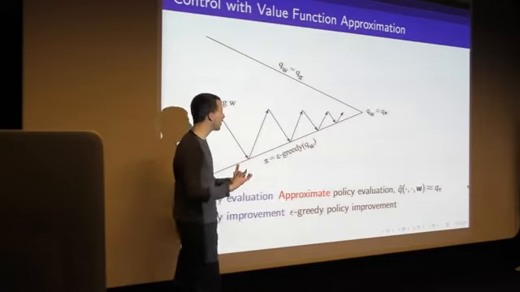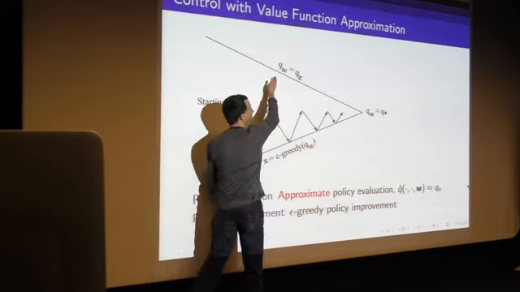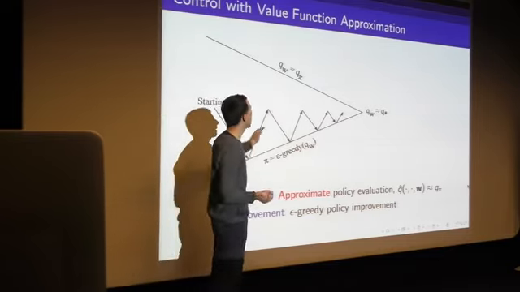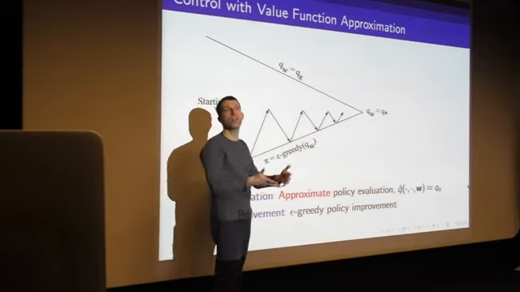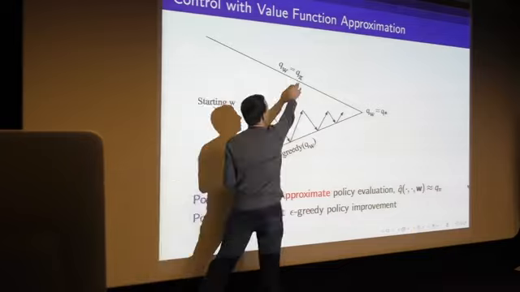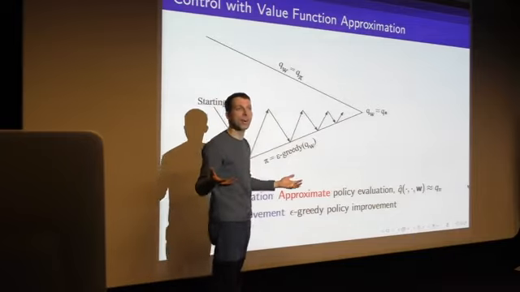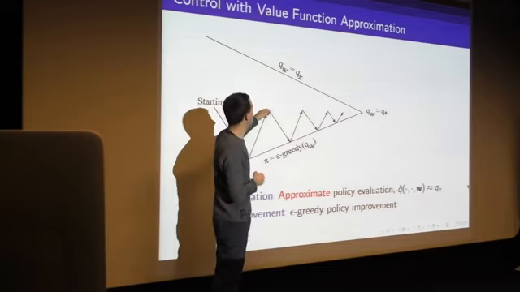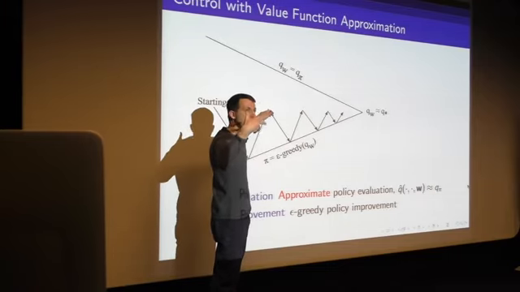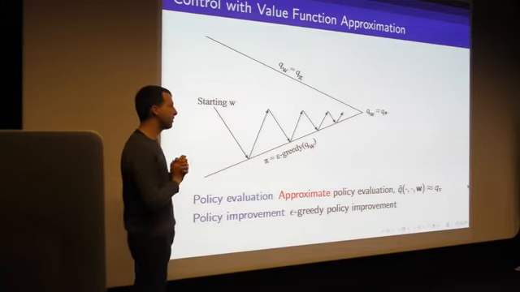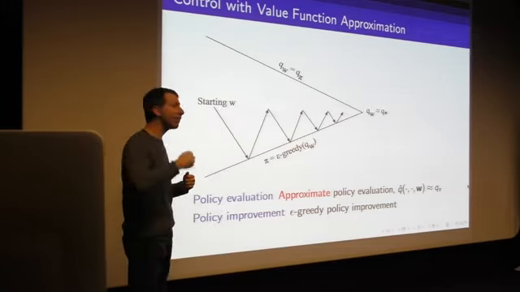And again, just like in the last lecture, we're not going to go all the way to the top here. We're not going to waste millions of samples of experience trying to exactly fit our function approximator. Indeed, we know that if we're using a function approximator, we're not going to precisely be able to achieve equality here ever anyway. So what we're going to do instead is take some steps towards it, and then immediately update our policy. And in the most incremental case, where we just do TD for one step, we're going to do this every single step.